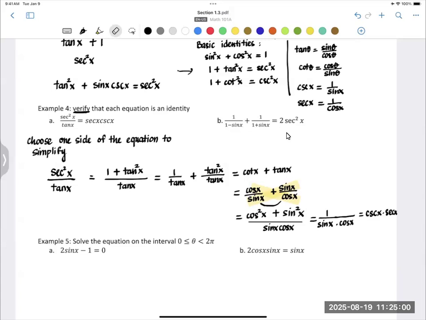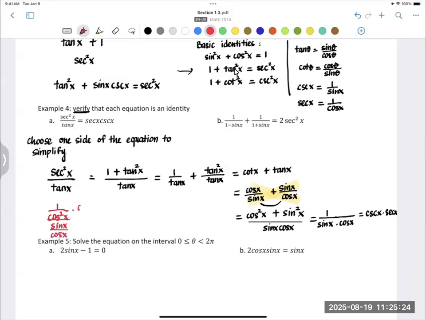Of course, in proving an identity, there is not just one flow to get the answer. Some of you may also approach it from the beginning, instead of using secant squared is 1 plus tangent squared. You can also do secant is 1 over cosine squared x, and tangent is sine over cosine.